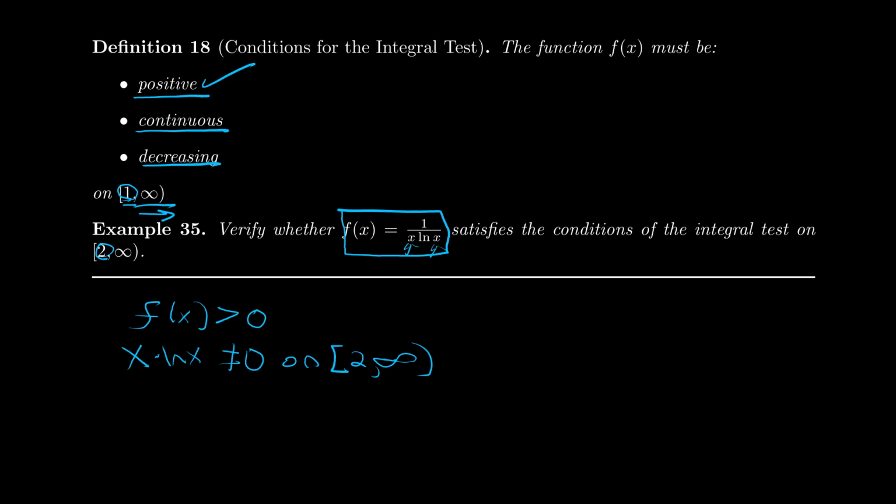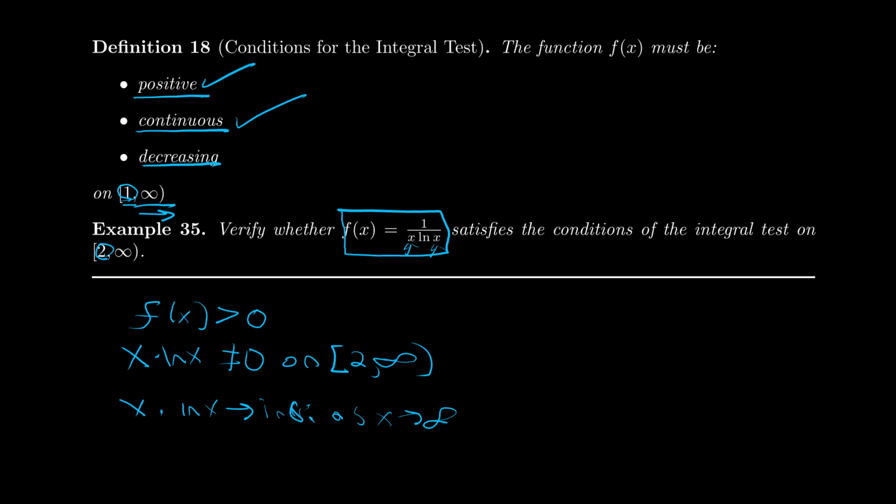And then we need to know whether it is decreasing, because now we know it's continuous. So is it decreasing? Well, as x gets bigger, natural log of x times x gets bigger, so this whole thing increases.